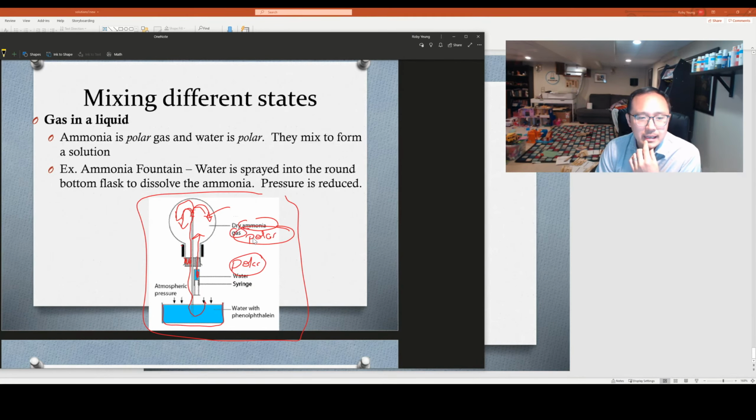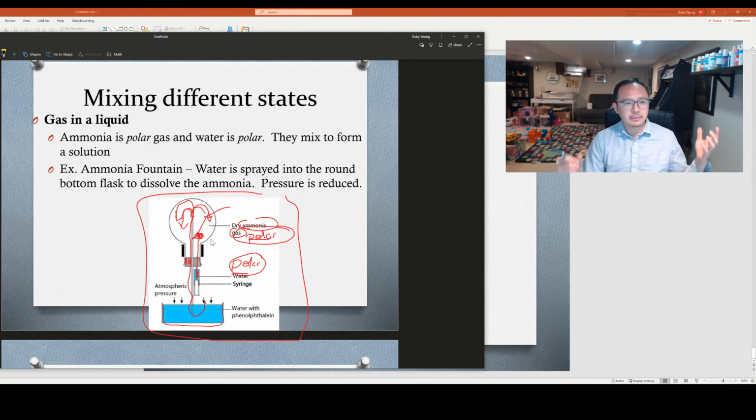Well, since ammonia gas is polar, water is polar, the ammonia gas is going to dissolve into the water. And because ammonia gas dissolves into the water, how much space do you have left? Well, instead of all the gases pushing against it all along, now your gases all settle into that water, which is finite volume, and then you don't have as much space.